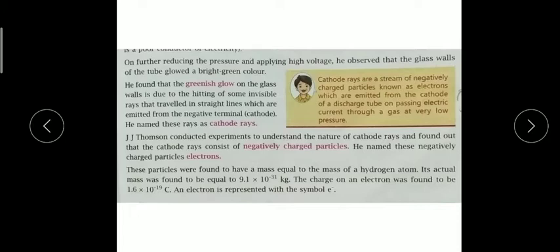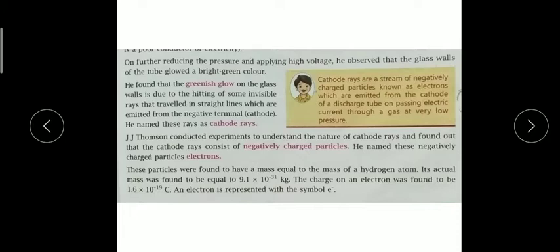And what is the charge? The charge of the electron he also calculated, 1.6 into 10 to the power minus 19 coulomb. And the electron we always represent by small e. Sometimes we write e negative also. So you should remember this.